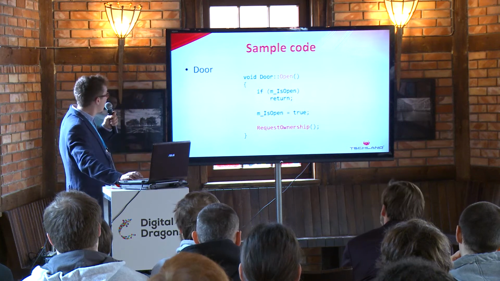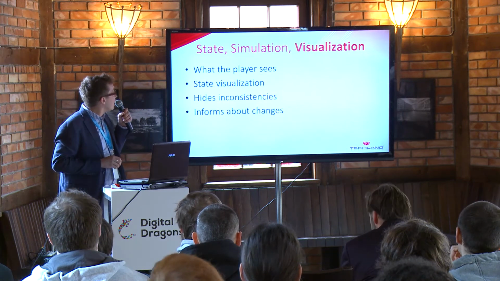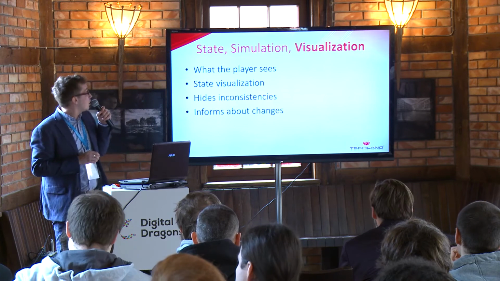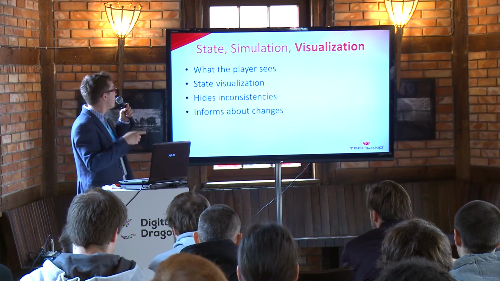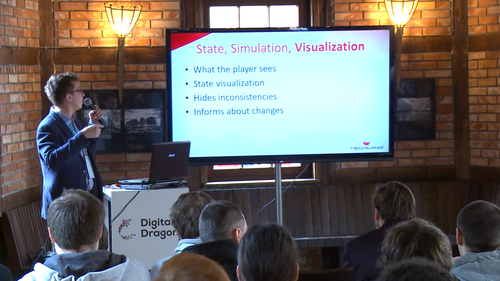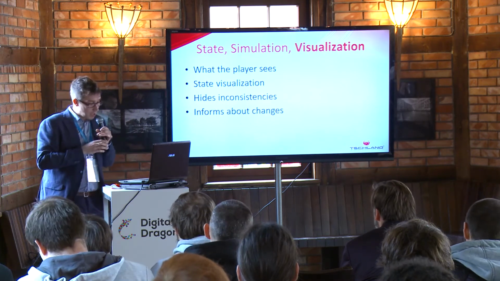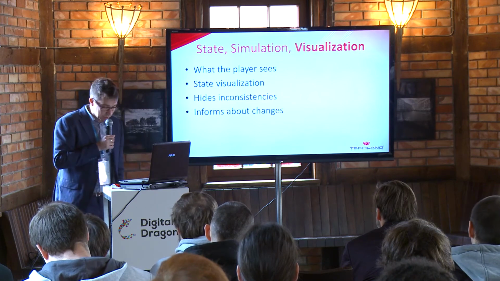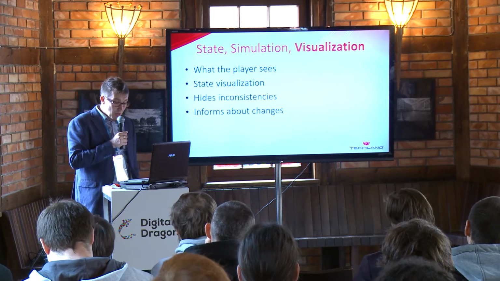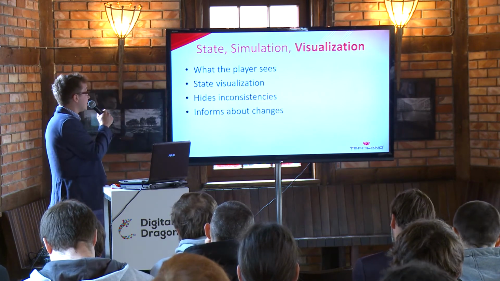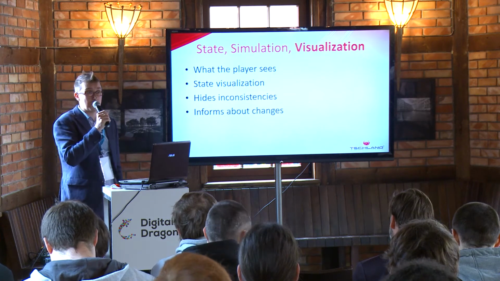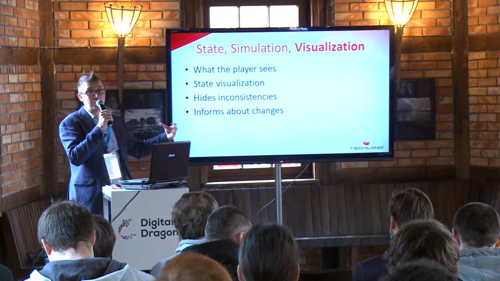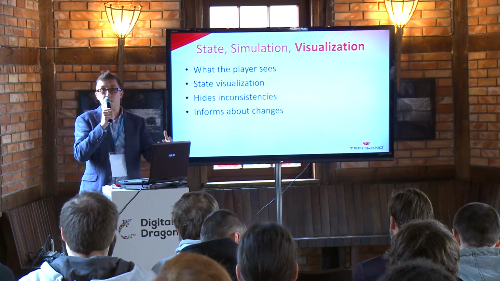So I'll tell you about another concept. We have state, which we share and send between peers, the simulation, which runs on all peers, and we have visualization. Visualization is what the player sees. It's another aspect of an object. We don't see the state. We don't see the is-open or is-closed variable.